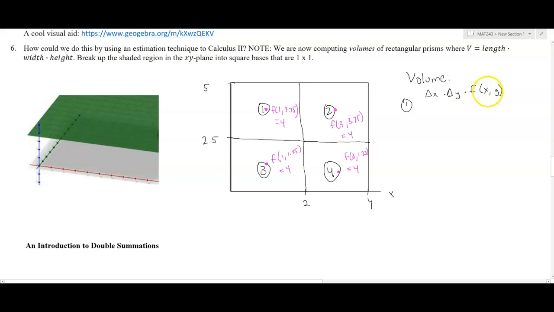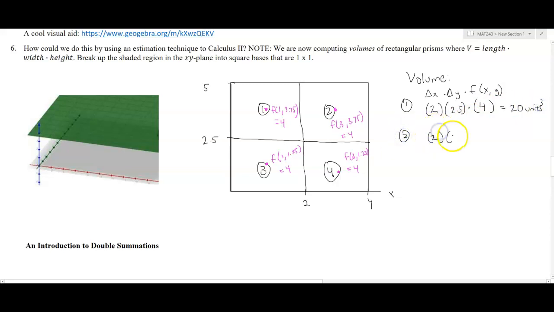Again, I can label these x i, y j, and we'll do that here soon, but for now, since they're all uniform, delta x is 2, delta y is 2.5, so 2 times 2.5 is 5, that's the area of each one of these individual rectangles, multiplied by the height of that particular region, which is 4, this comes out to 20 cubic units.